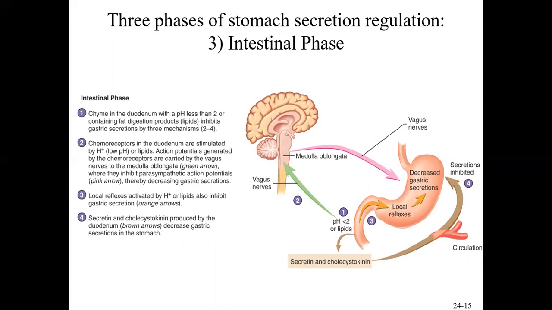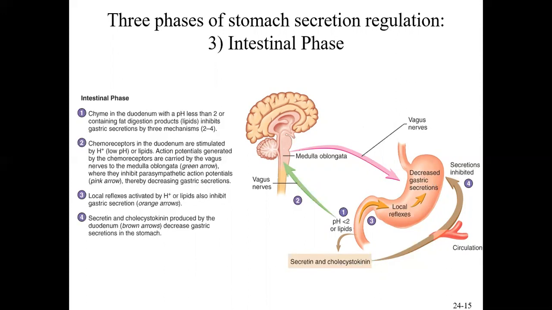Again, it's through enzymes, it's through some hormones, secretin and cholecystokinin. These 2 hormones go into the bloodstream and they trigger a reaction that slows down or inhibits the stomach from secreting the digestive enzymes and secretions. So this is slowing down and stopping the stomach from releasing its secretions.